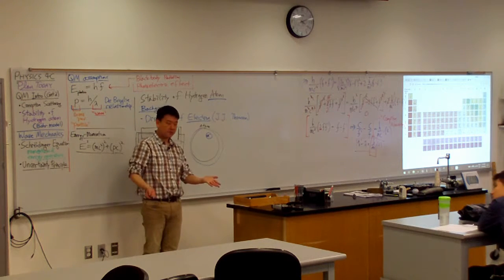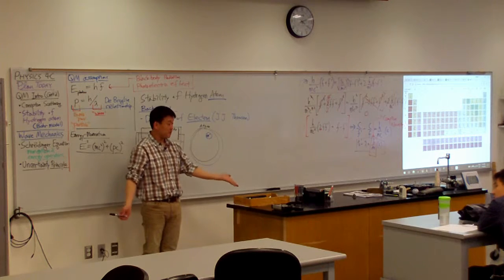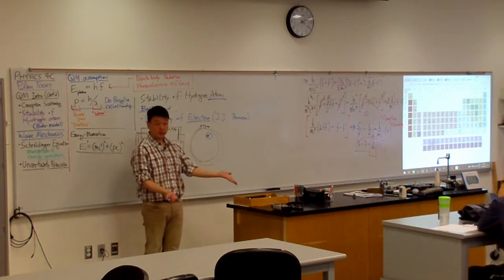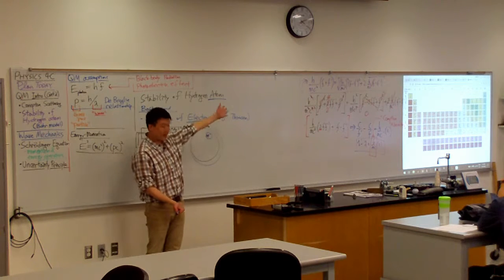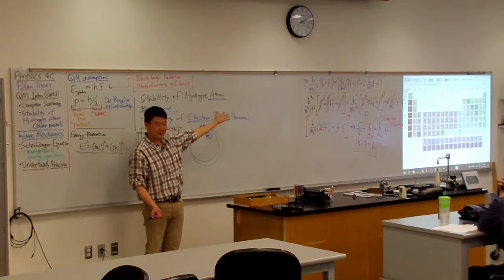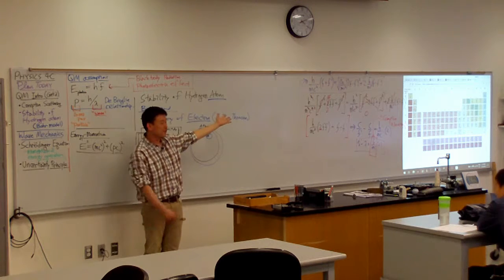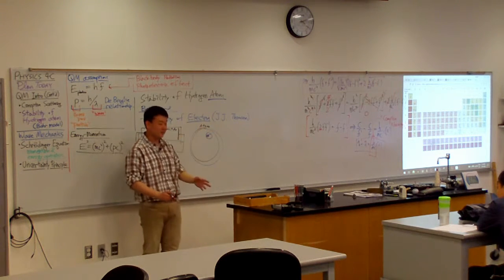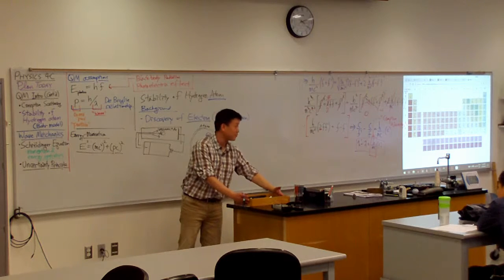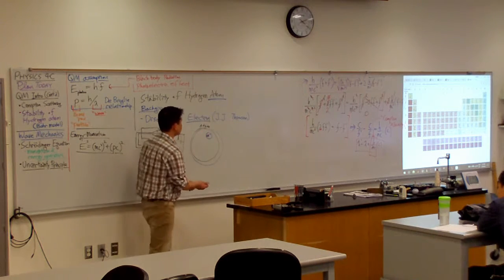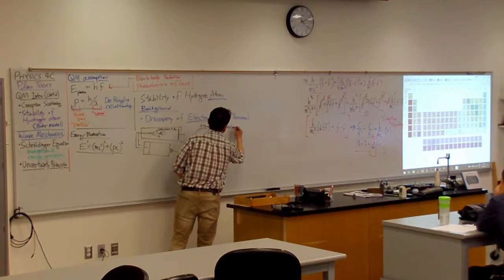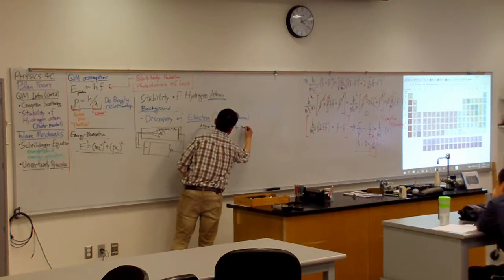I say it's common sense because in your everyday experience, just touching stuff, you know that most things are electrically neutral. If atoms make up everything, and if atoms are not electrically neutral, then you're going to have to come up with an explanation why these macroscopic objects are electrically neutral. It's so much easier if you can say this atom is electrically neutral.